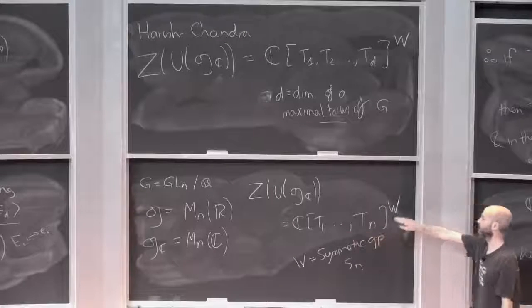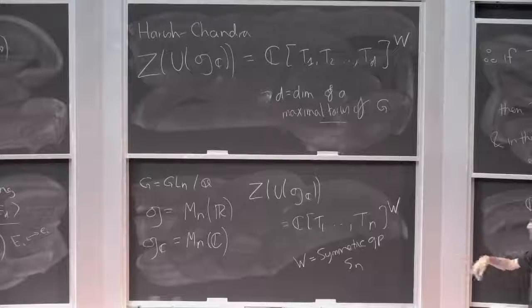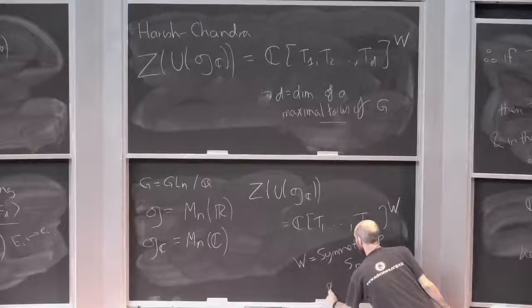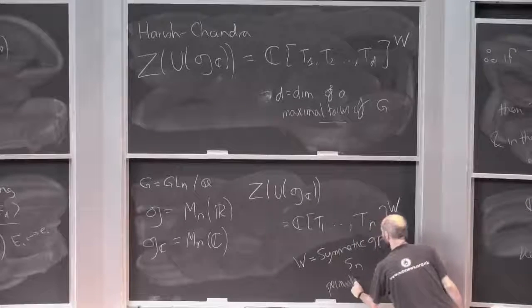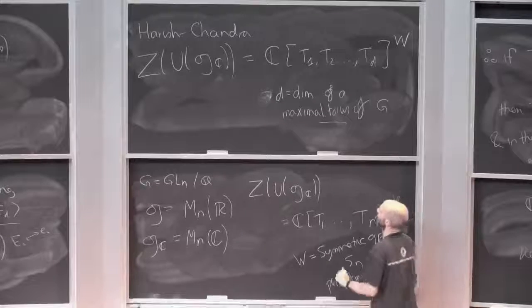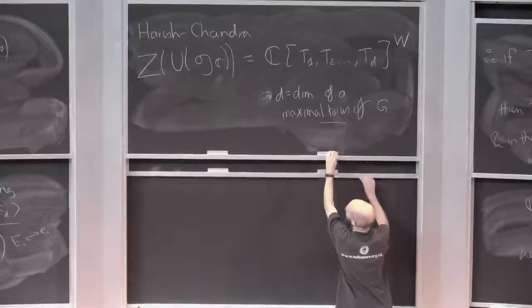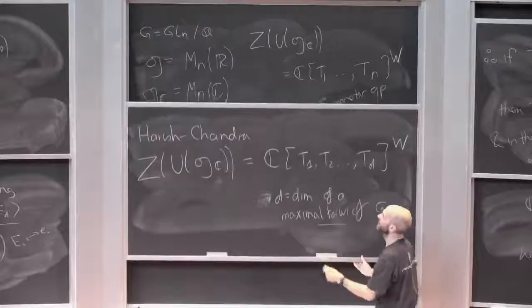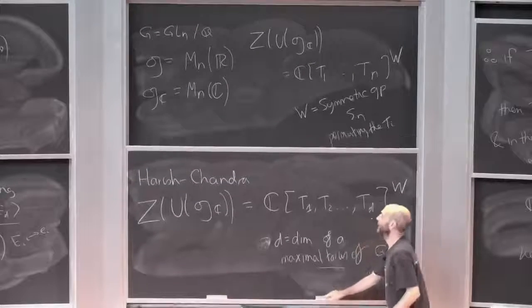And how does it act on this polynomial ring in the T's? It swaps them round, permuting the T_i's. So Harish-Chandra gives you some theorem that explicitly works out for you this centre of this universal enveloping algebra.